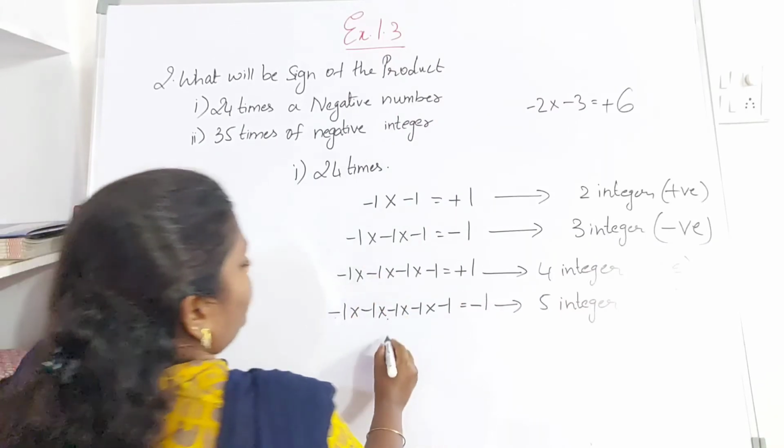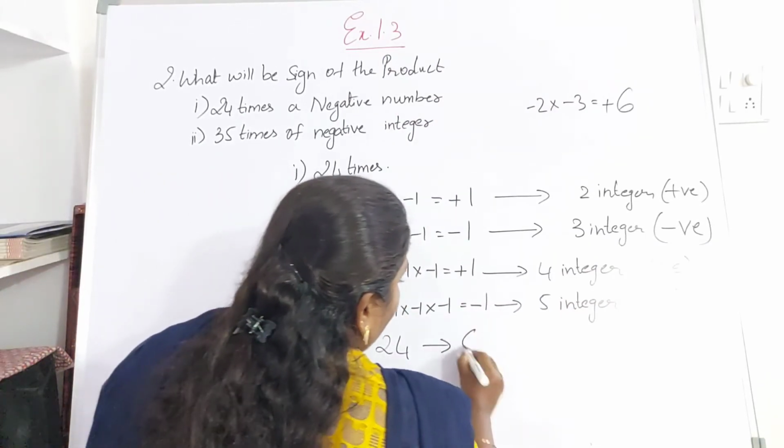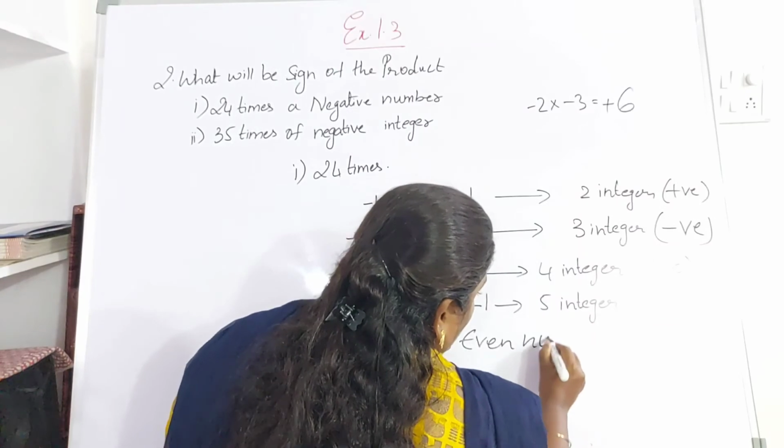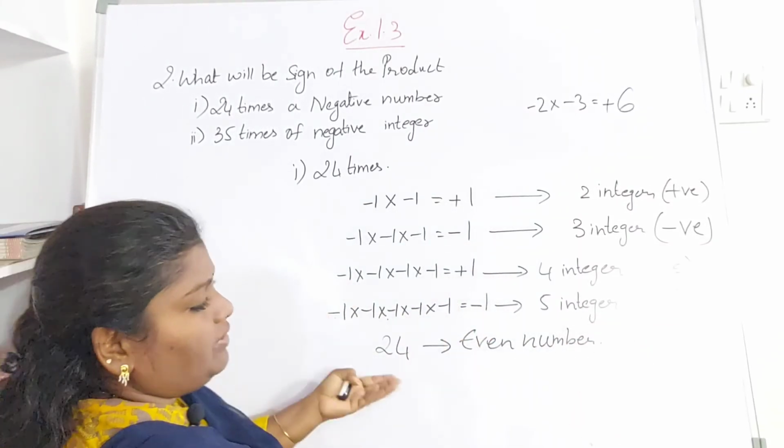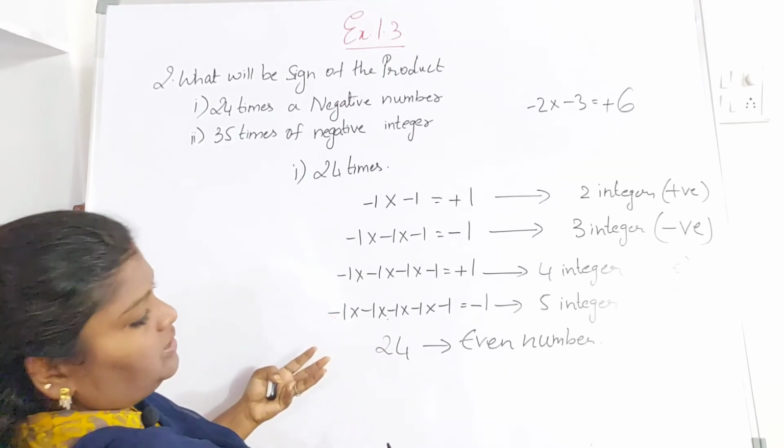So here 24 is an even number. If we multiply any integer an even number of times, we'll get a positive integer.